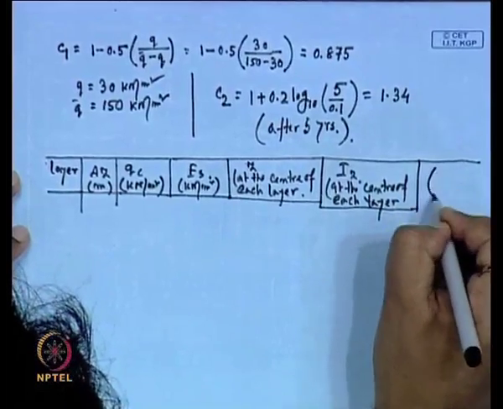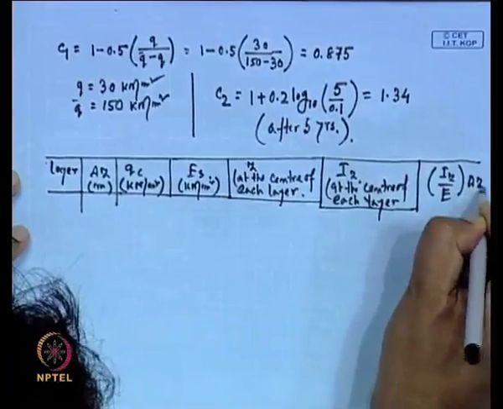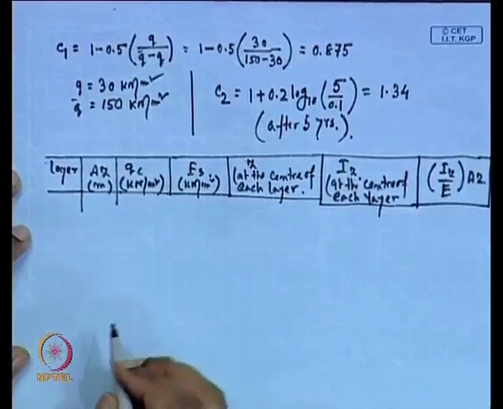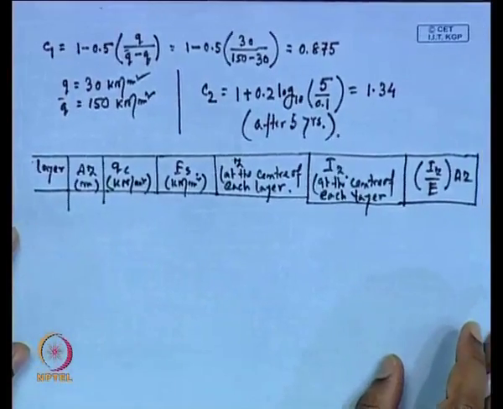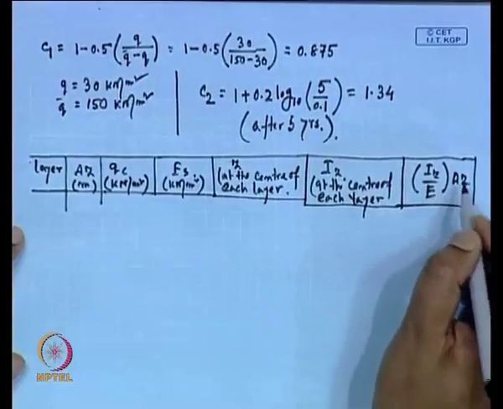And then we will calculate I z by E and del z for each layer. So, this is the total table that we will prepare. This is I z by E into del z.